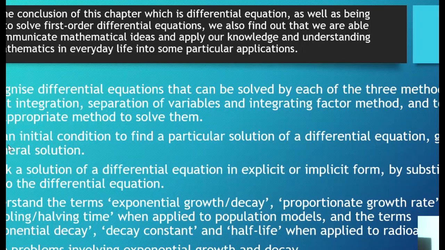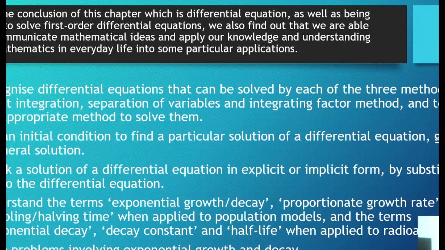Second, use an initial condition to find a particular solution of a differential equation given a general solution. Third, check a solution of a differential equation in explicit or implicit form by substituting it into the differential equation.